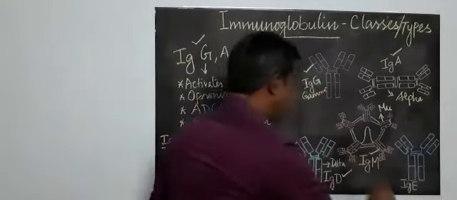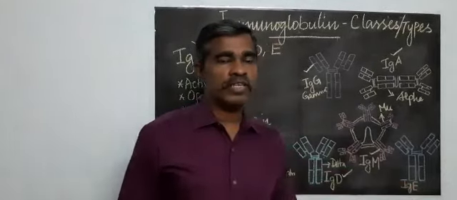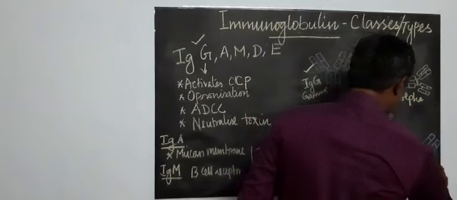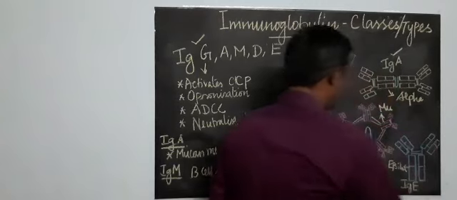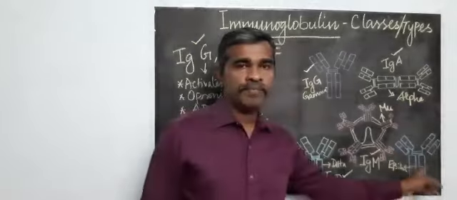So that is IgD. And the last one which we are going to see is IgE. The heavy chain of IgE is of epsilon type. It is similar to IgG, it's a monomer.